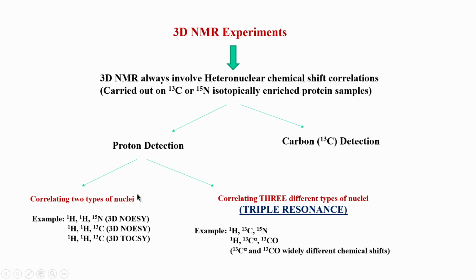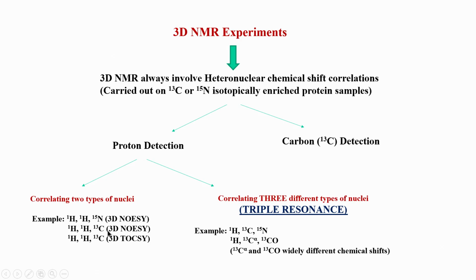In proton detection, we have two further categories of 3D NMR experiments. In one we correlate two types of nuclei, and in the other there are three types of nuclei. This is something we saw towards the end of the last class. A 3D experiment with two nuclei could be 3D NOESY HSQC, which consists of proton as two dimensions and one dimension being nitrogen.